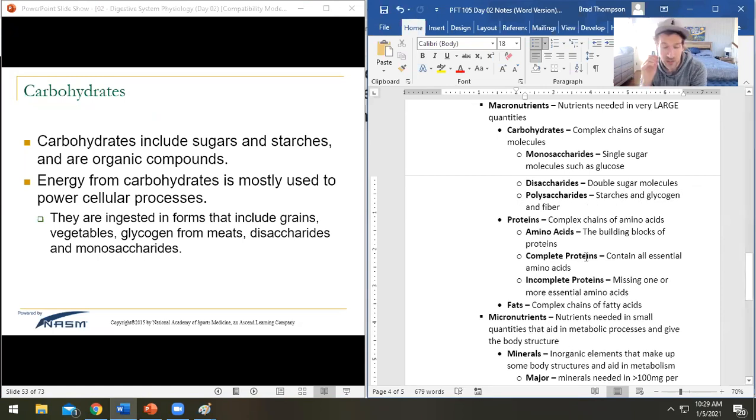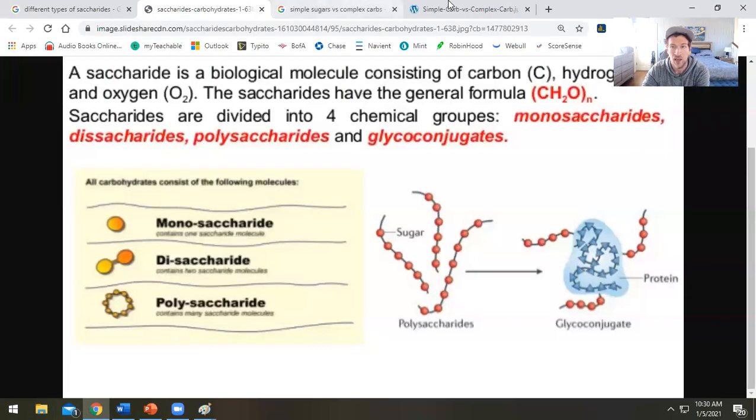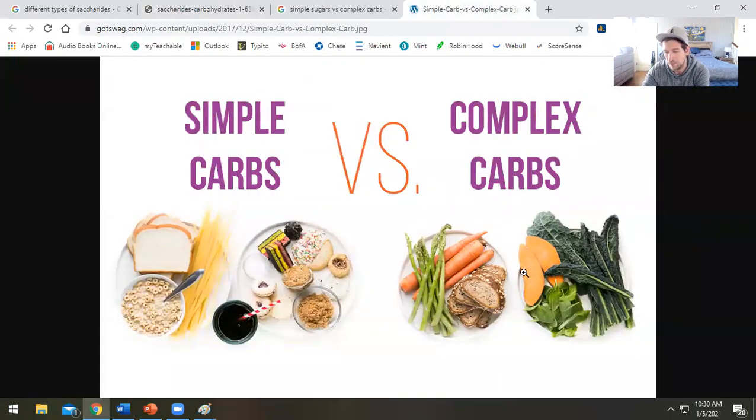Fiber is so complicated that your body can't break it down. It's such a complicated chain that your body tries to break it apart, but it's too complex. That's why it works its way all the way through your entire body. But starches, like those found in this bread here, or this squash, that's going to have a lot of starch in it, like potatoes.